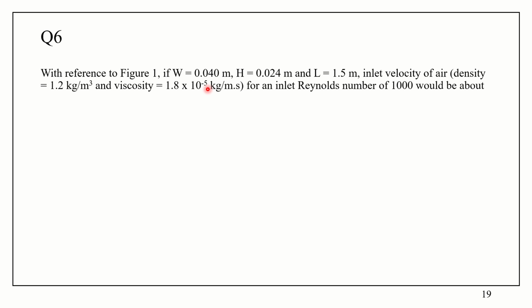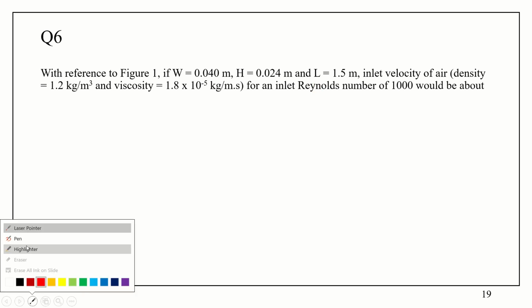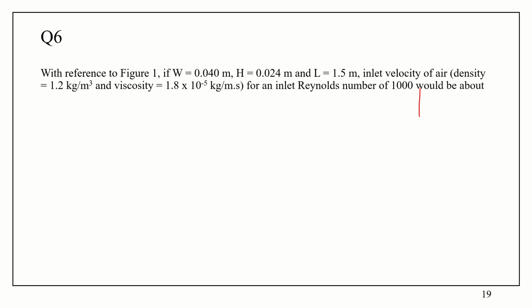With reference to figure 1, if W is equal to 0.04 meter and H is equal to 0.024 meter and L is 1.5 meter. So we have a rectangular duct, and in that duct we are given the 3 dimensions.